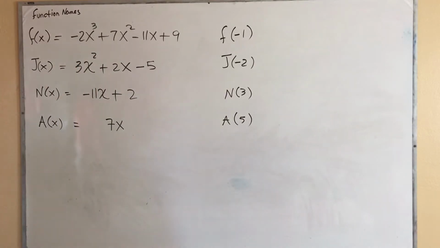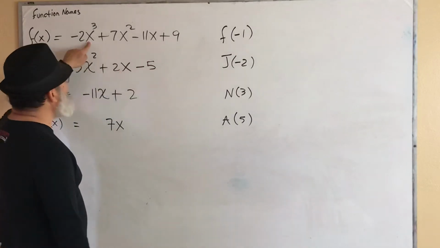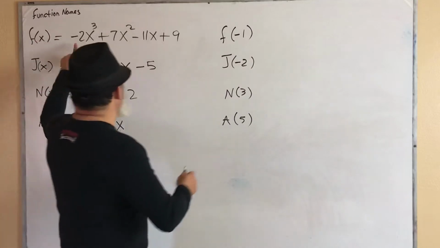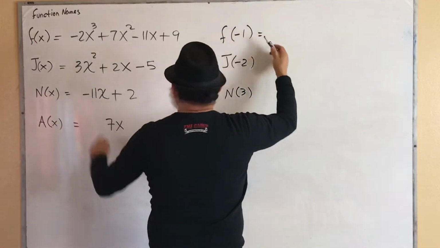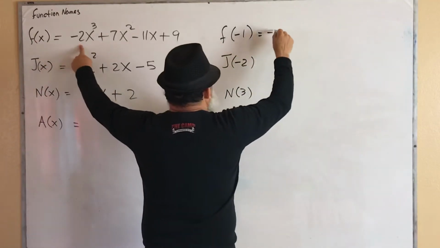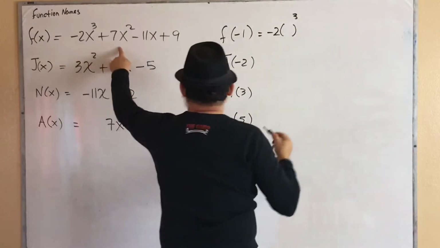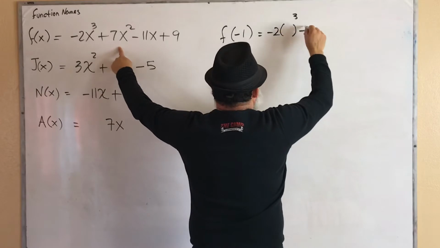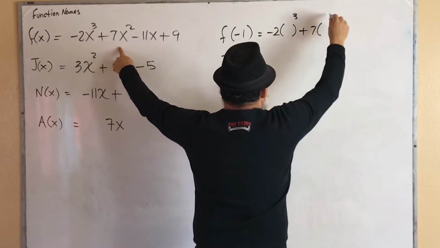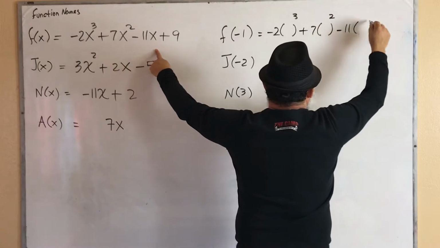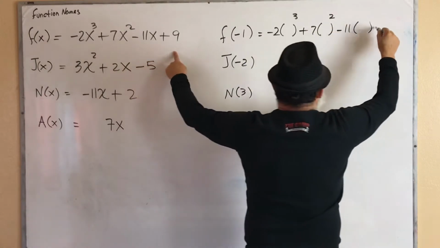Okay. Franc of -1. All I have to do is plug in -1 for x, wherever you see x in Franc. Okay, no problem. This is -2 times x to the third plus 7 times x squared minus 11 times x plus 9.